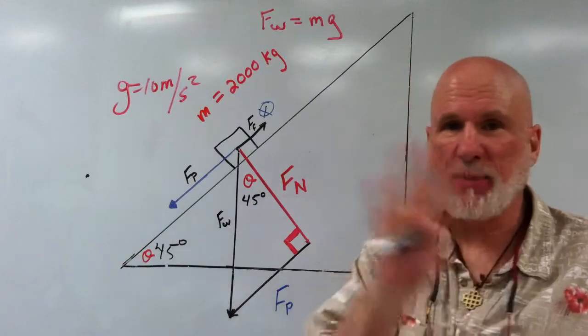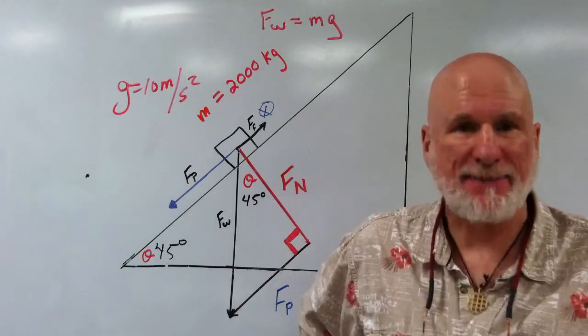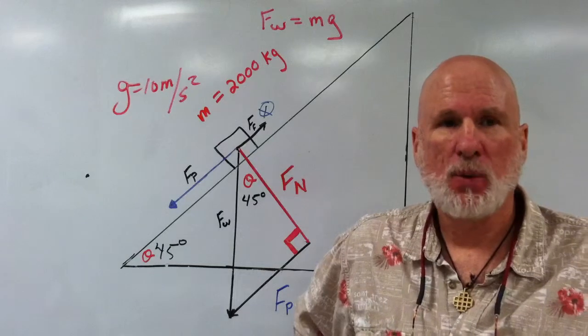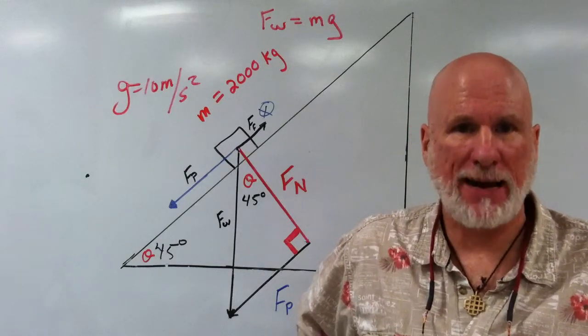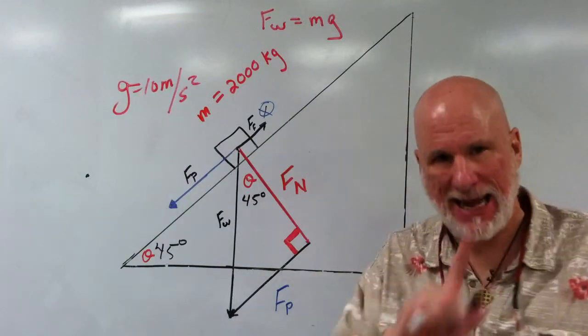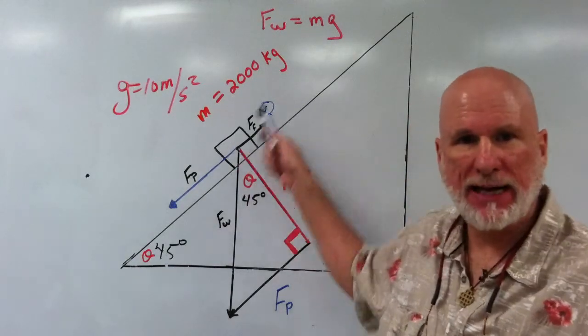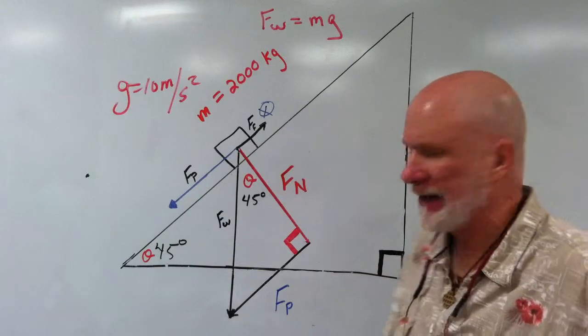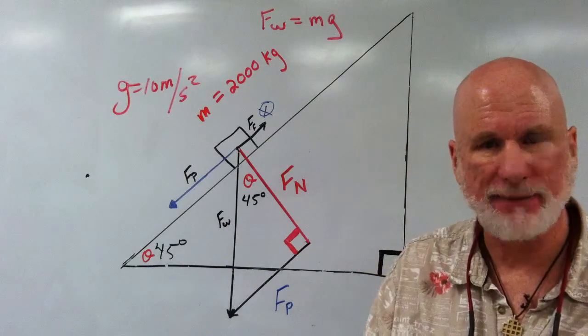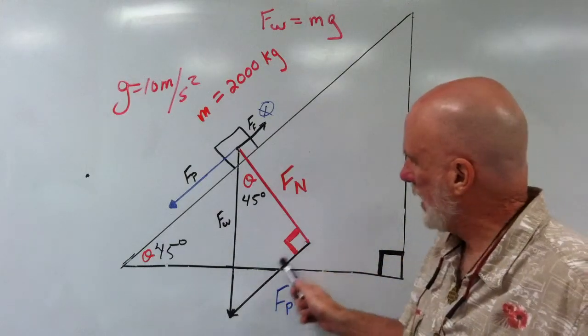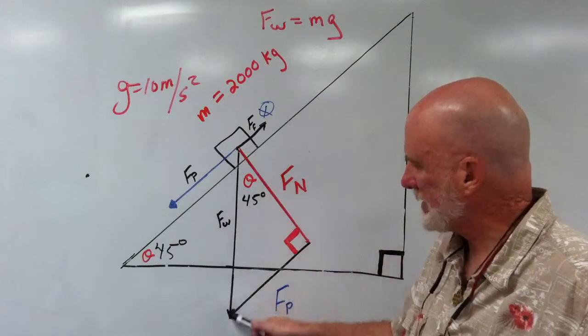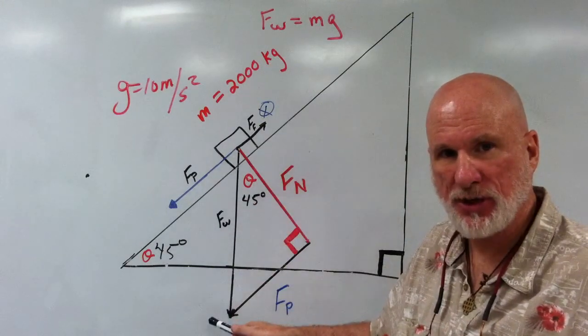We're going to do a very simple problem, a simple ramp problem. We've looked at the basics of ramp physics, in that I have an object sliding down the ramp. I have three forces that I have to look at. I have the downward weight, straight down, perpendicular to the earth.